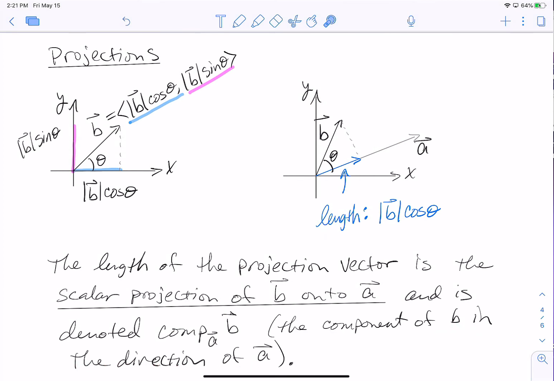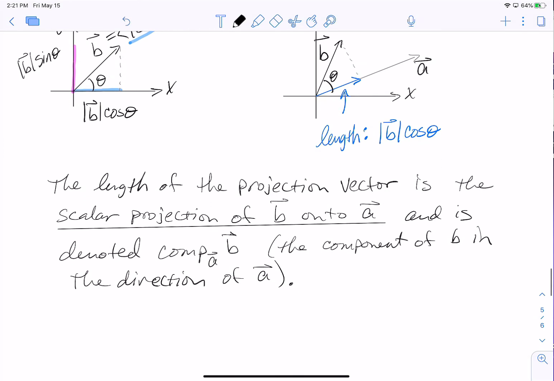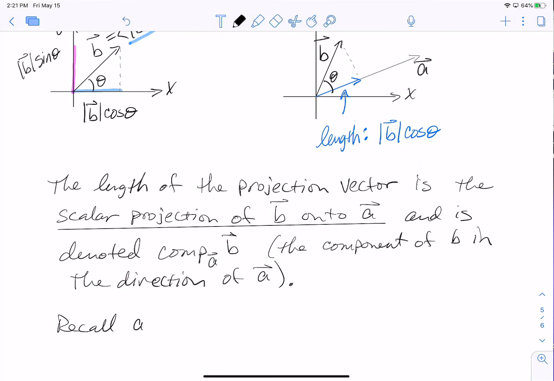Just as we have a component of b in the x direction and the y direction in the original diagram, we can break down b into a component along A. But remember, we have this dot product representation: A dot b is equal to the magnitude of A times the magnitude of b times the cosine of theta.